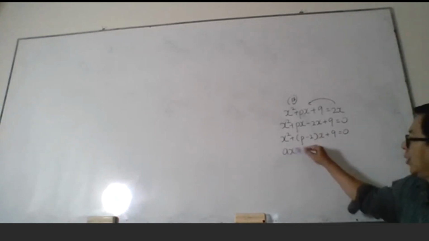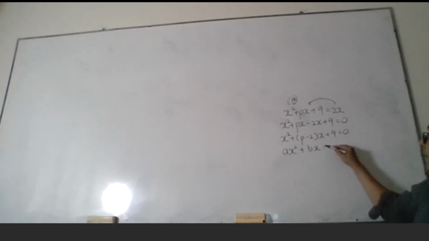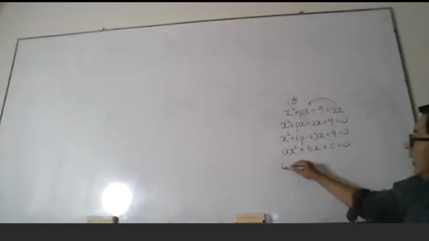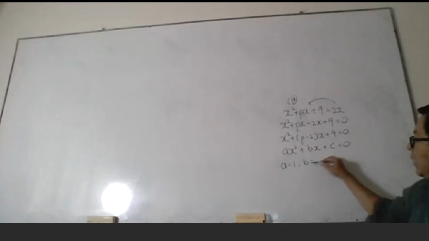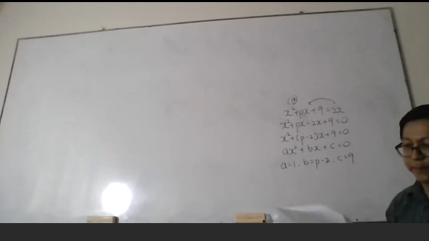The general form will be ax squared plus bx plus c, and a will be 1, b will be p minus 2, c will be equal to 9.